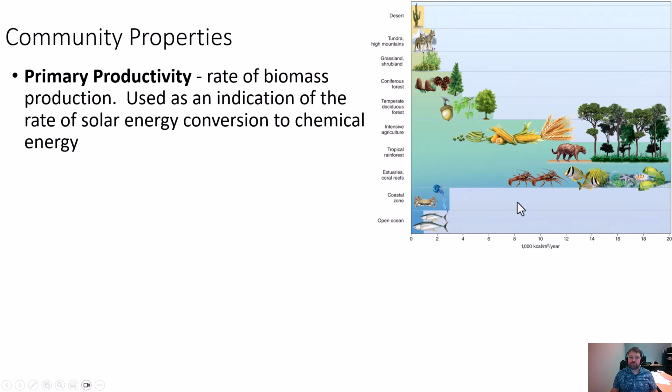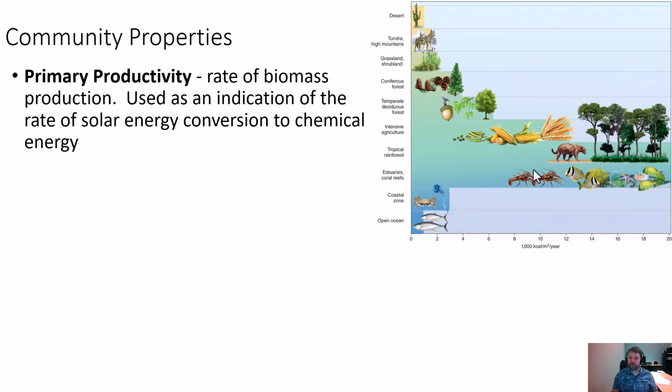These ecosystems, okay, they can support the next level to a higher degree. Okay? And so that's why we see a huge biodiversity in tropical rainforests and coral reefs, because you have a diversity of primary productivity.